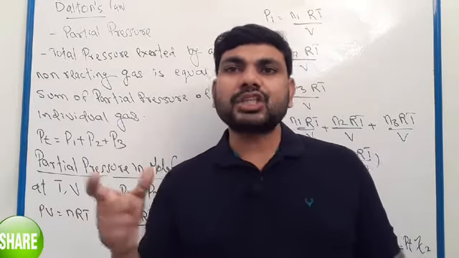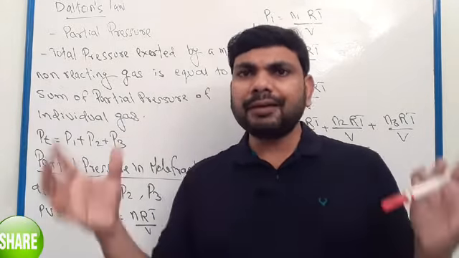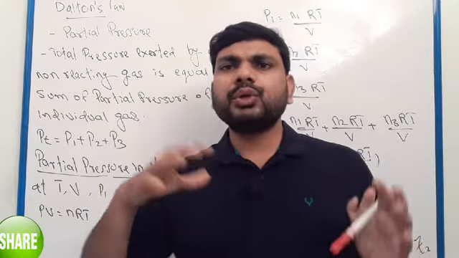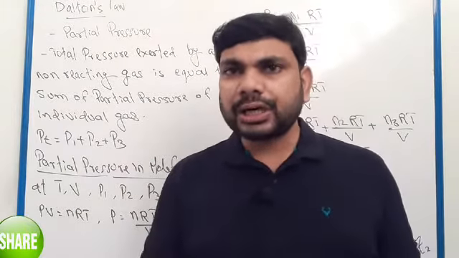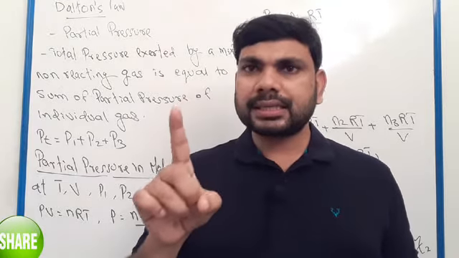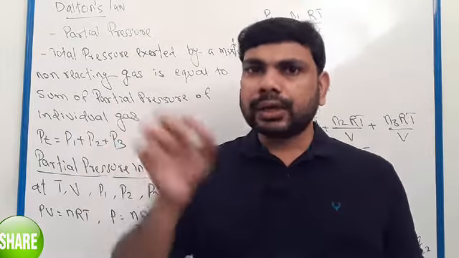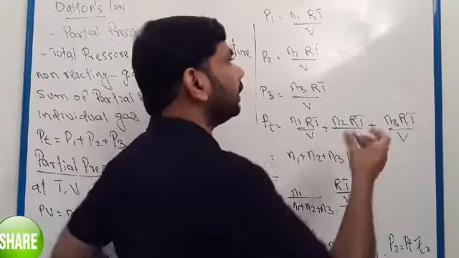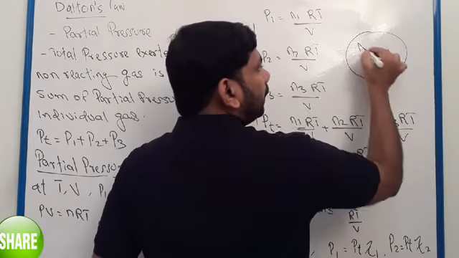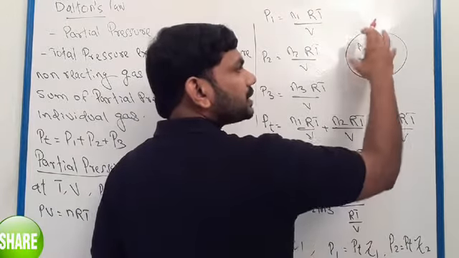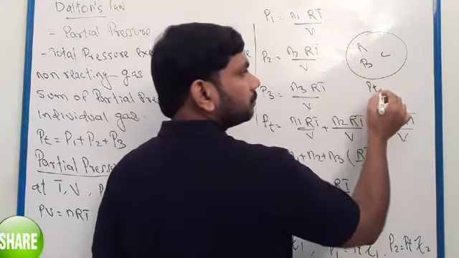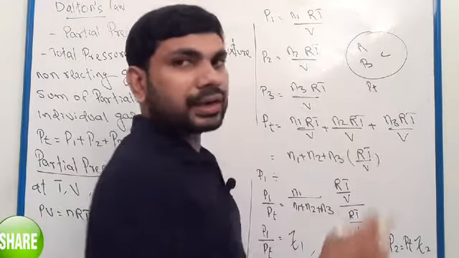What do you mean by partial pressure? You have a container which contains three different gases. The pressure exerted by one gas out of the three gases is its partial pressure. Imagine you have a container with three different gases. There is a total pressure by the three gases.